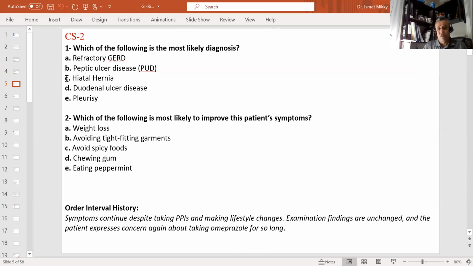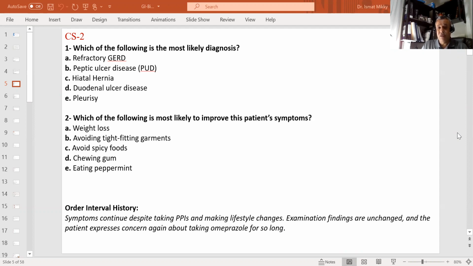So the first question is asking about the most likely diagnosis given the patient's scenario, which is refractory GERD, a GERD that is refractory to the traditional treatment. The patient's symptoms are classic for GERD: sore throat, metallic taste, and in addition hoarseness, chronic cough, and wheezing.